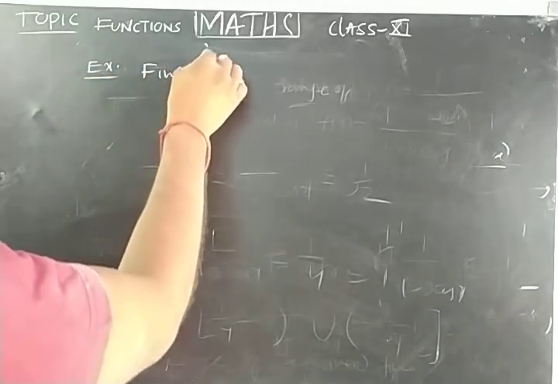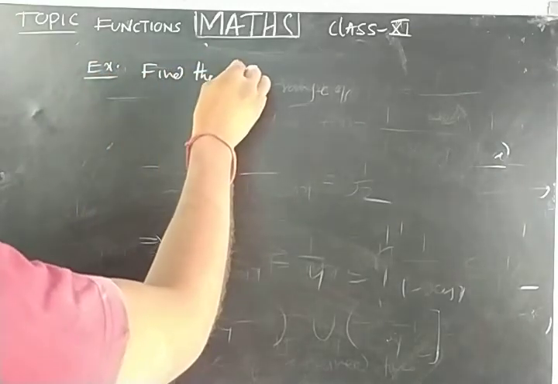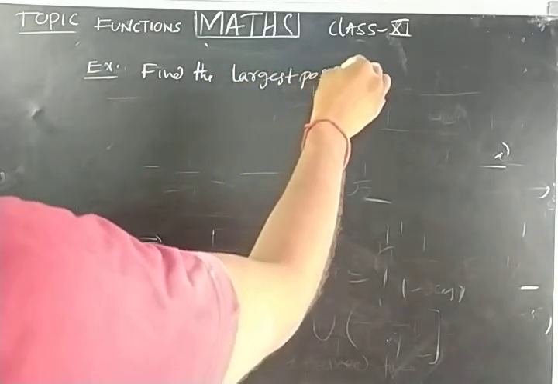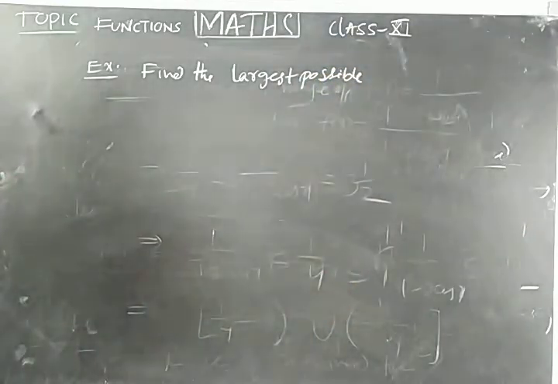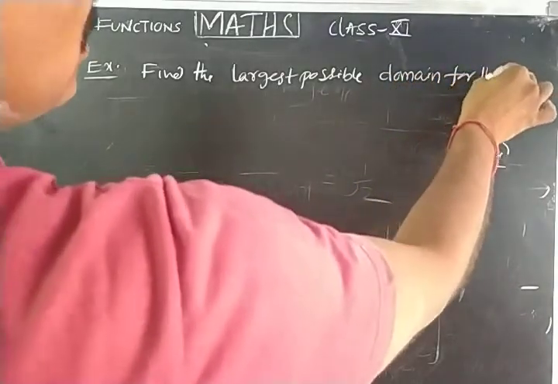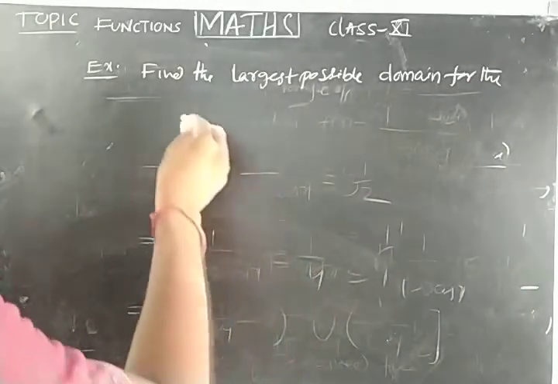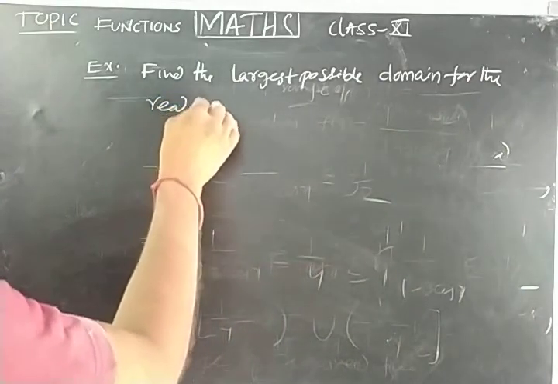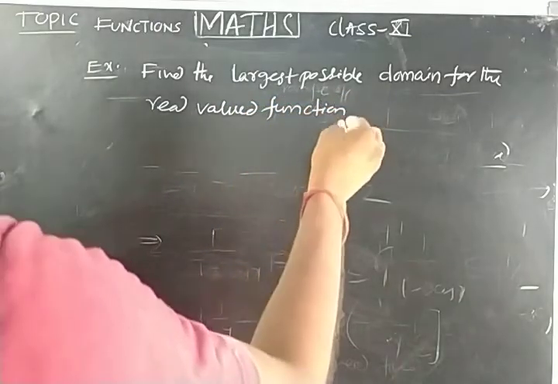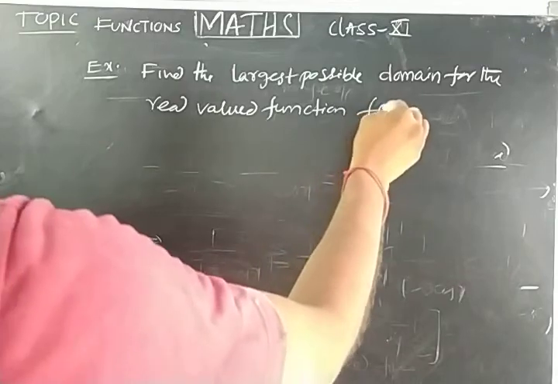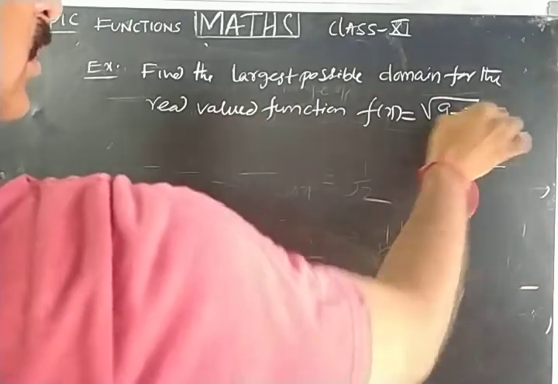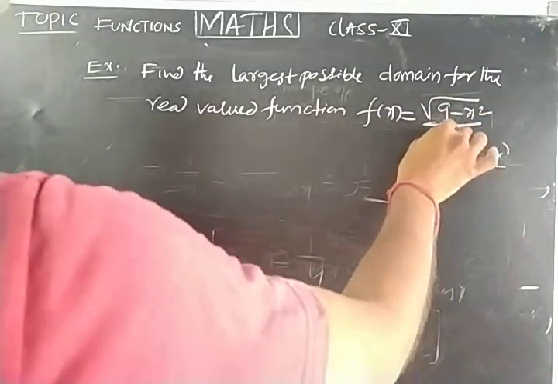Find the largest possible domain for the real valued function f of x is equal to root of 9 minus x square by root of x square minus 1.